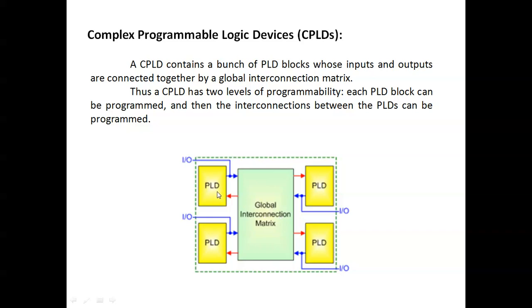So through this global interconnection matrix, it can communicate from this PLD to this PLD, and this PLD to this PLD. Also, every PLD has input and output connection in this place. So this is complex programmable logic devices.